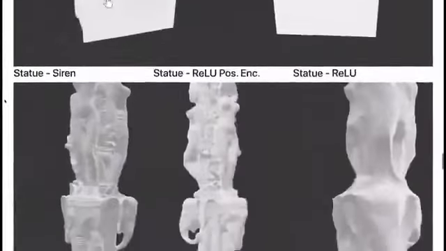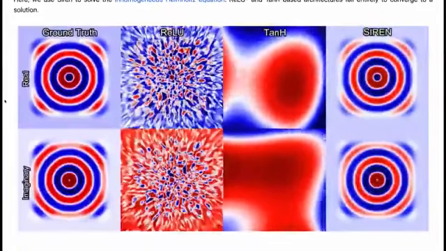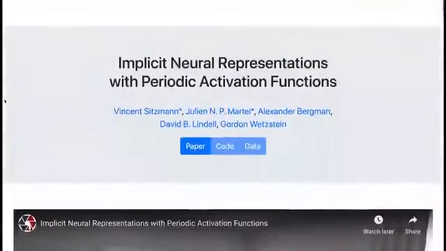So all of these things would be pretty cool to actually experiment with, and they have the code available to do that. And you can see the fitting process of the Helmholtz equation right here, and related projects. Pretty cool website. I definitely invite you to check it out. And let's go back to the paper.